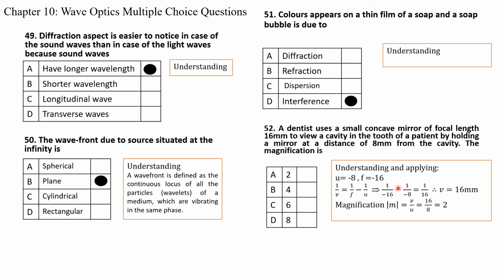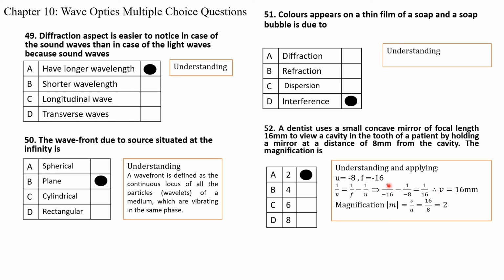So minus into minus becomes plus. 1 over 8 minus 1 over 16, we will get V is equal to 16 mm. So magnification is given by the formula mod of M is equal to V by U. V is equal to 16 and U is equal to 8. And we get answer as 2. So we have to lock that.